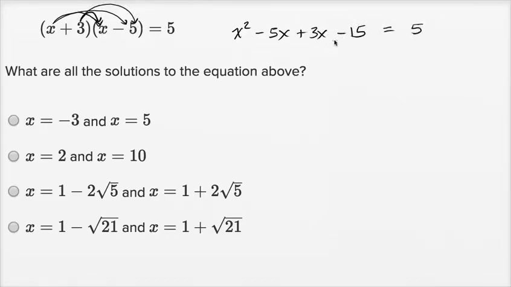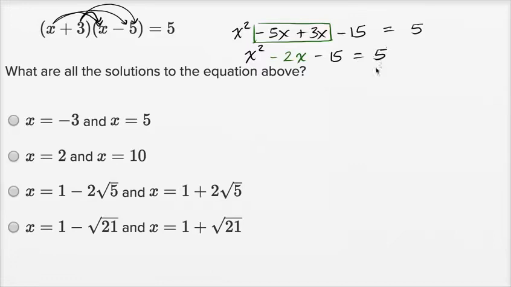Let's see what we can do from here. This is going to be x squared, and then these two terms right over here we can add together. Negative 5x plus 3x is negative 2x, and then we have minus 15 is equal to 5.